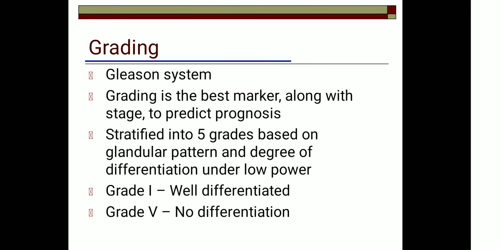So there will be different grades, grade 1 to grade 5. Okay, or not, it is not the grade. The term is actually score. Score 1 to score 5. We are giving for different patterns of this lesion. So score 1 is a well differentiated type, and when you come to score 5, there is no differentiation. There will not be any differentiation.